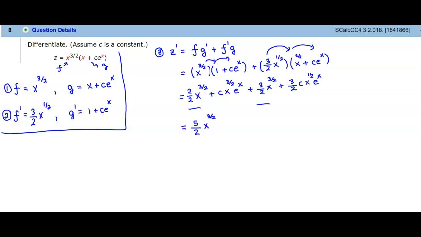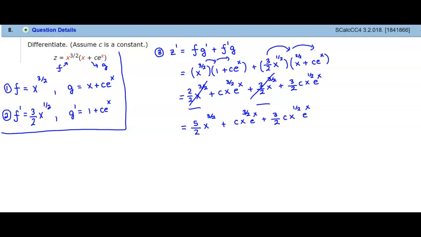Then we get plus cx to the 3/2 e to the x plus 3/2 cx to the 1/2 e to the x.